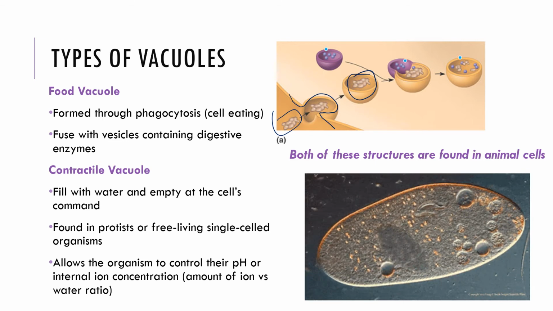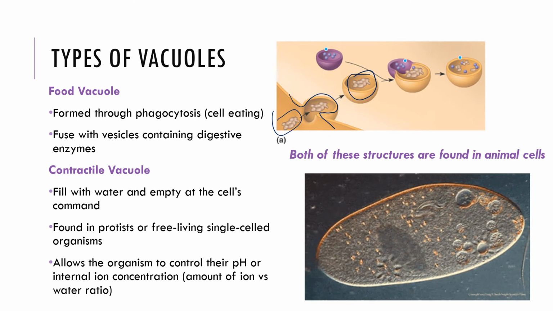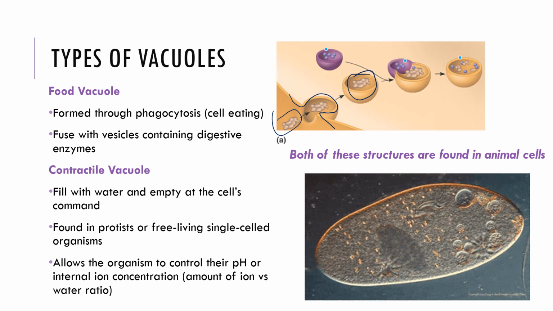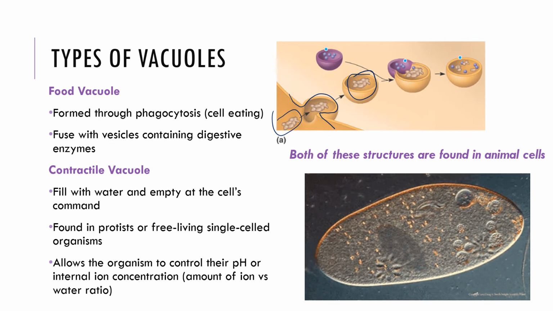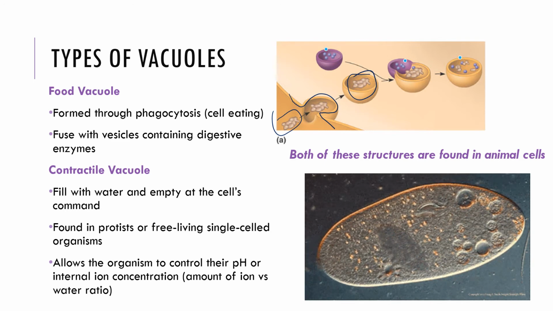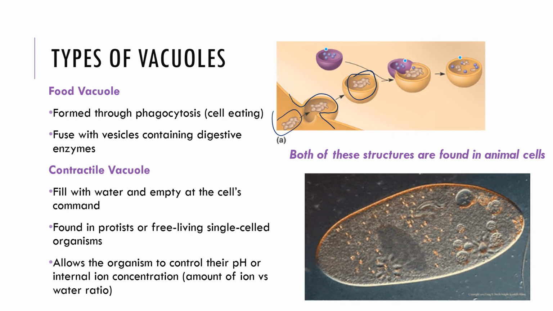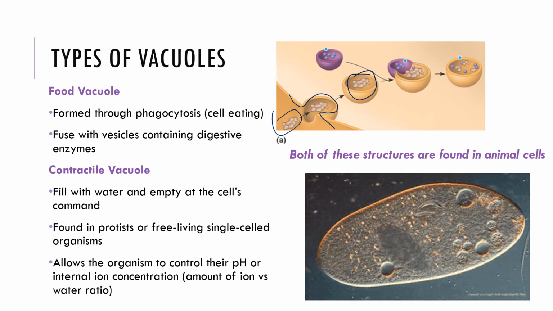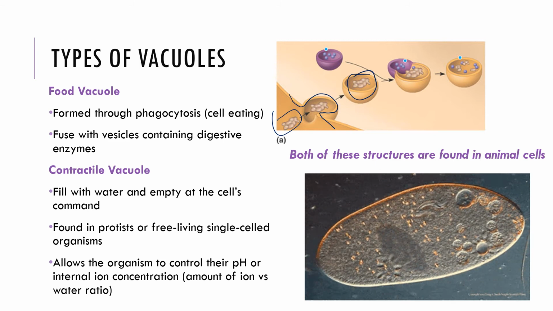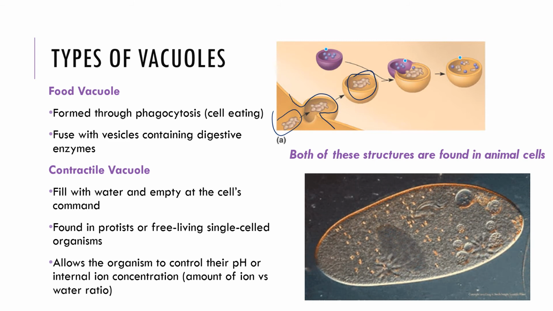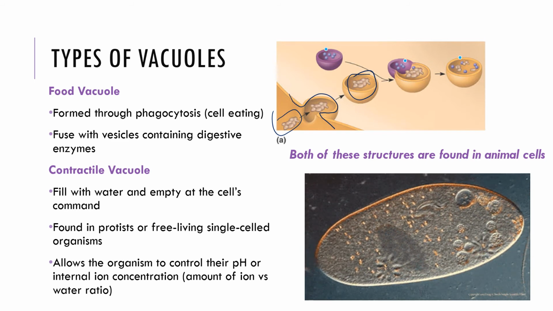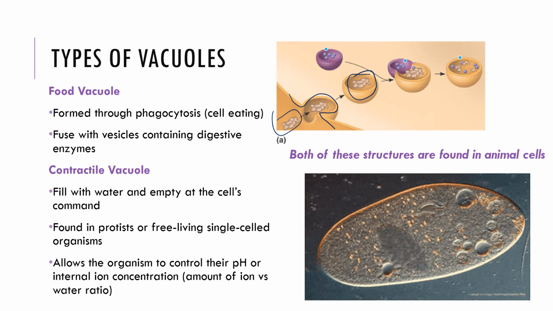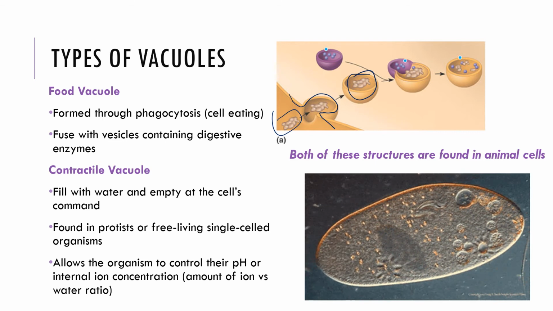There are some cells where this is the only way they can obtain nutrients, out in a pond or something like that. But we have specialized cells within our body whose main job is to go around phagocytizing, or eating, other cells. We call these our white blood cells. They go around finding bacteria, dead or damaged cells of our own, or even viruses, and they will actually eat them, take them in, and destroy them.